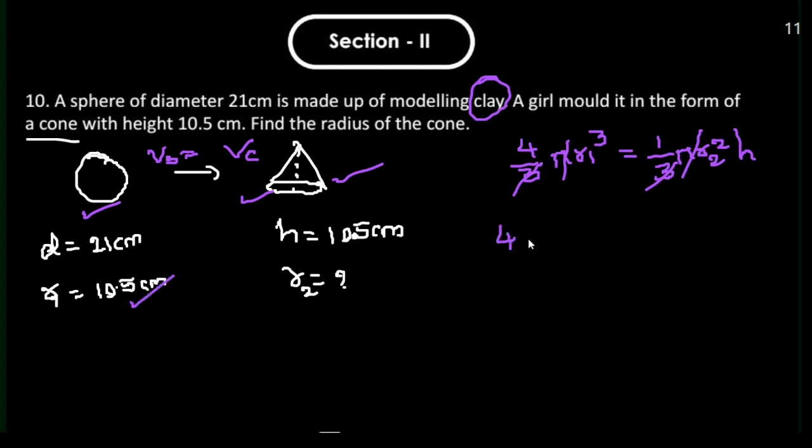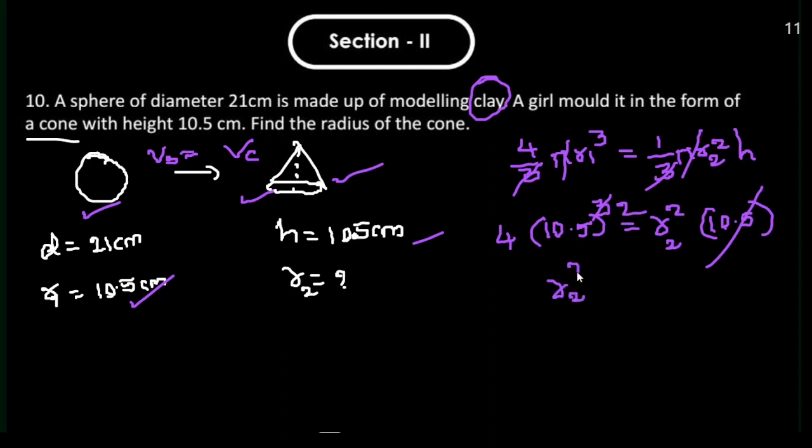R1 is 10.5 cube, right? That is equal to what is R2? R2 we don't know. We need to find R2 square. And h. h is nothing but 10.5, right? Here 1 10.5, here 3. So the power will become 2. Now R2 square is equal to, I can write 2 into 10.5 whole square, right?